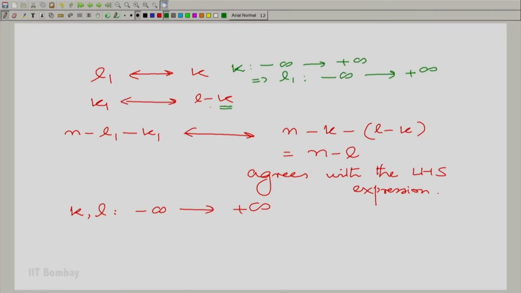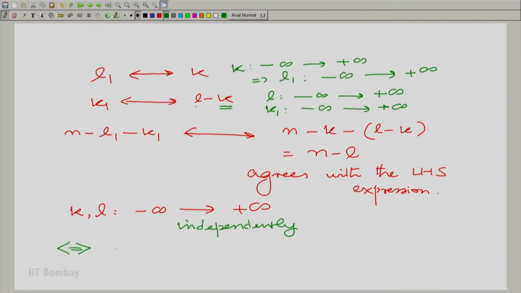For every fixed k, when L goes from minus to plus infinity, then so does k1. k1 also goes from minus to plus infinity. So, k and L independently going from minus to plus infinity implies and is implied by k1 and L1 going from minus to plus infinity, and in fact they are equivalent.